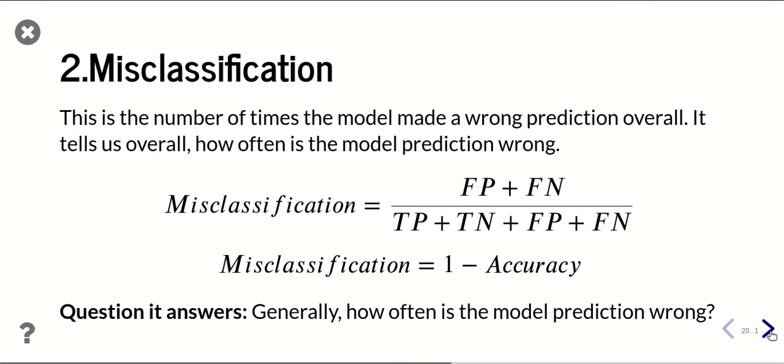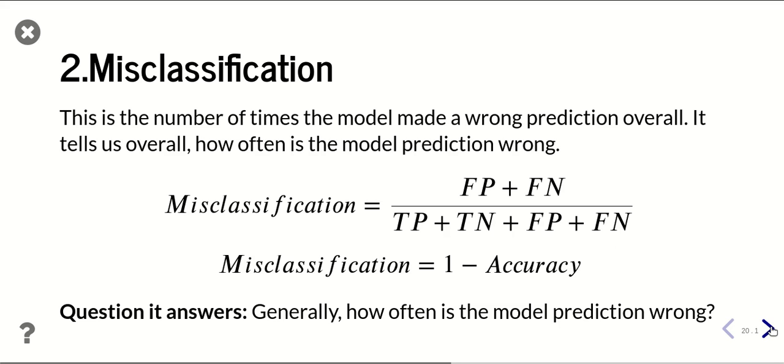So let's look at misclassification. We always assume that classification accuracy could be 100%. So we take 100% minus the actual accuracy of the model, and the result is what is known as misclassification. You can also find it using a formula: take the sum of the false positives and the false negatives, divided by the sum of the true positives, true negatives, false positives, and false negatives. That ratio is also known as misclassification.